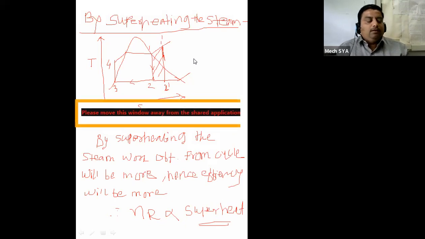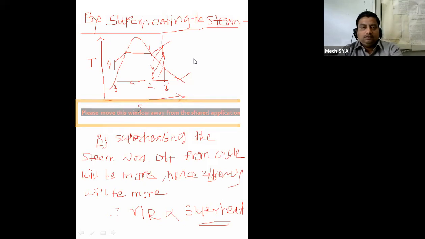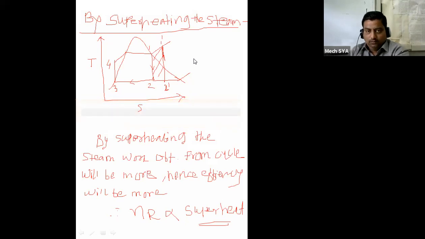So this completes the theory of our unit number 4. Now for the next 2 to 3 hours, we'll practice the numericals. By the end of this January, we will complete our first section, and the second section will begin in the new year.